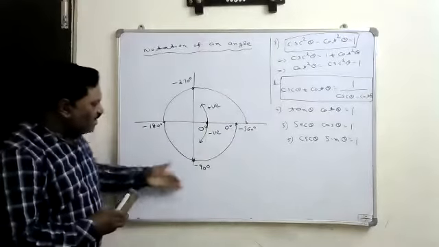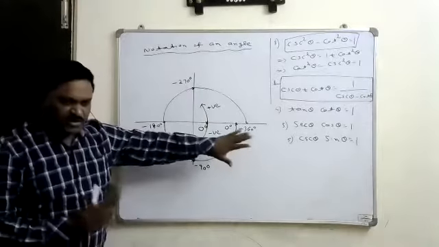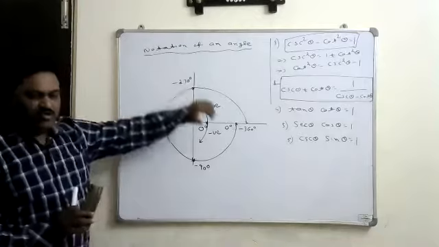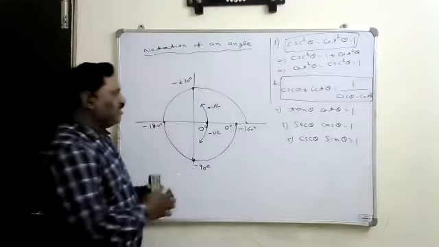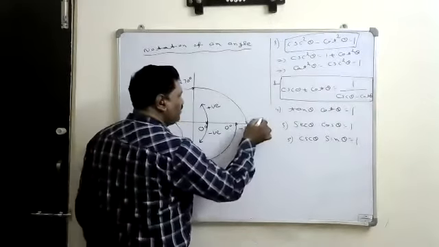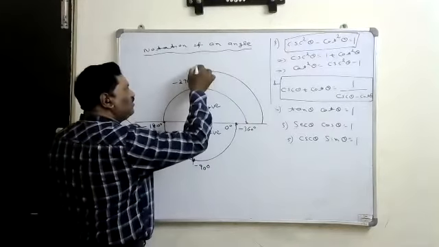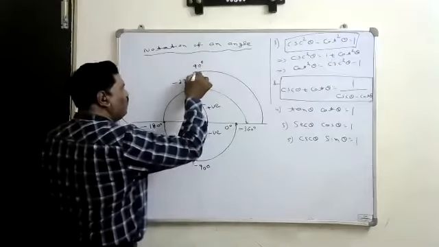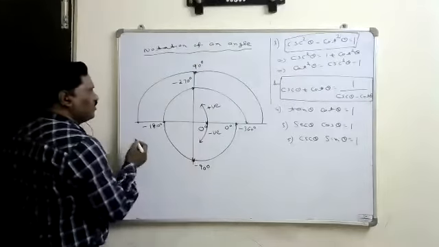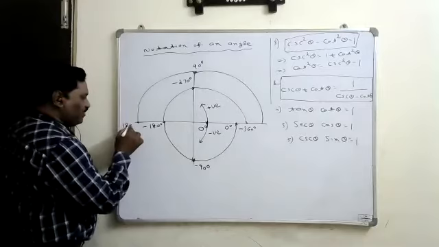So if you consider the angle in the clockwise sense, for all those angles you have to take the negative sign. If you consider the angle in the positive direction, the anti-clockwise direction, what is the angle up to here? 90 degrees. From this up to here? 180 degrees.